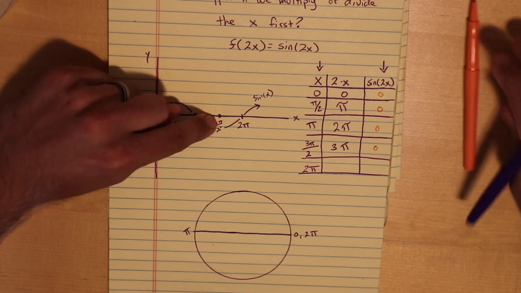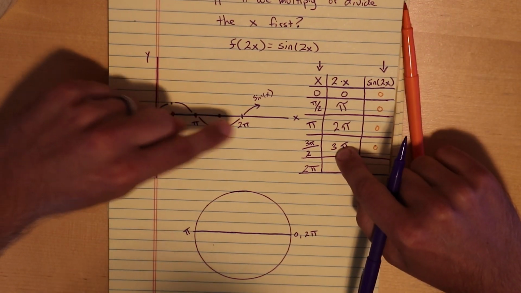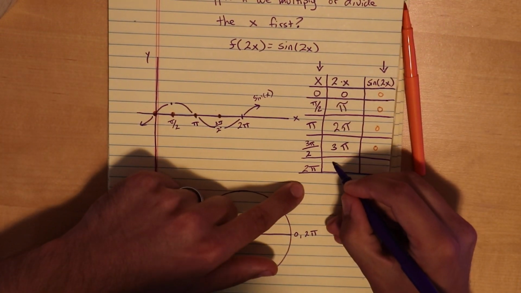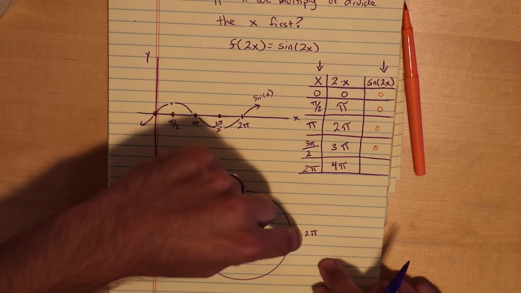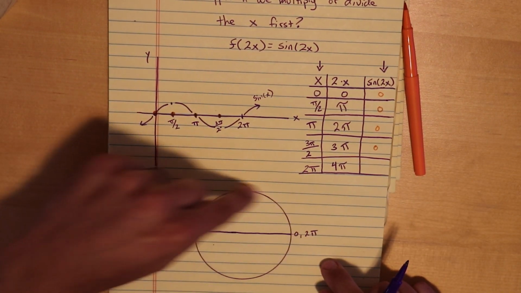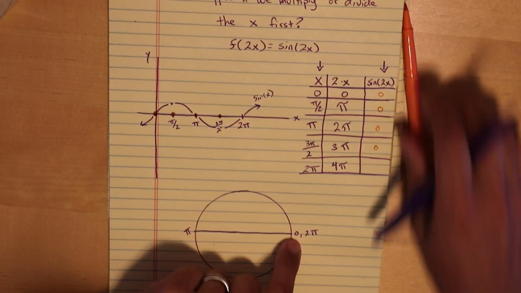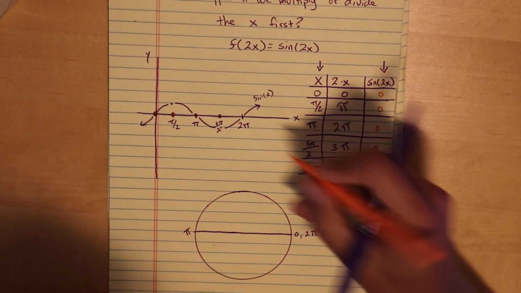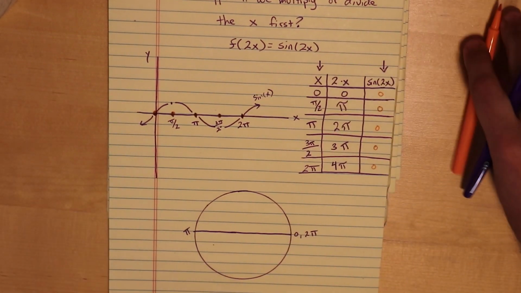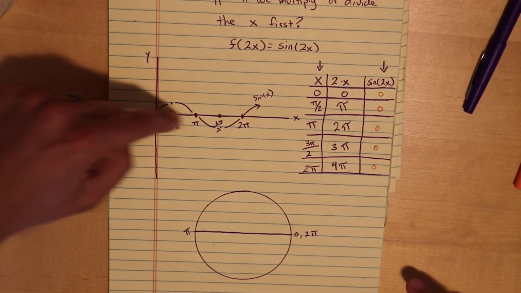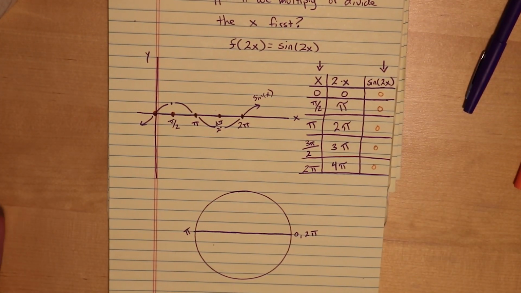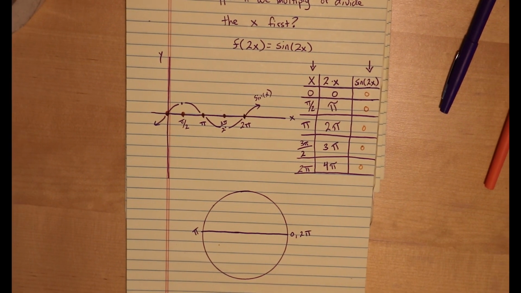So 3 halves of pi will behave as 3 pi, and then if I double 2 pi, I get 4 pi, and 4 pi is really just 1 pi, 2 pi, 3 pi, 4 pi radians around the circle, and my height is still 0. So something weird is going on, because it looks like if I were to connect these points, I wouldn't have any wave. Let's take a look at Desmos to see what's going on.